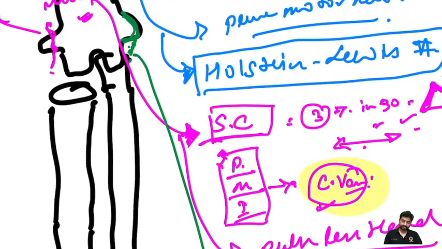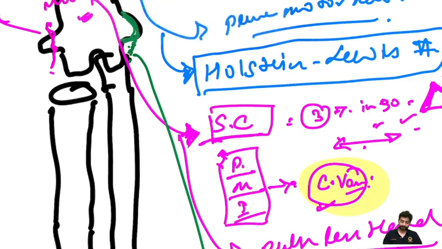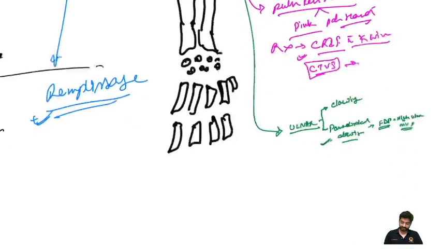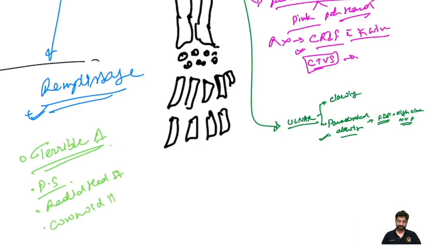So in elbow joint, what is important? The most important point is your terrible triad. Okay, so terrible triad means there is a posterior dislocation of elbow along with radial head fracture and coronoid fracture.